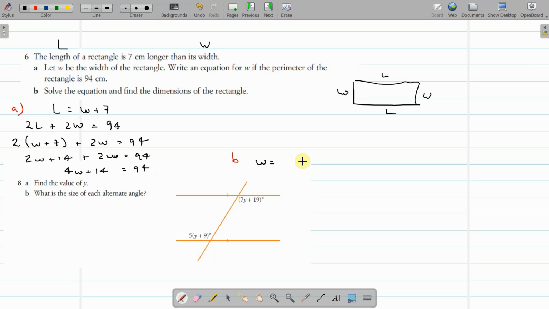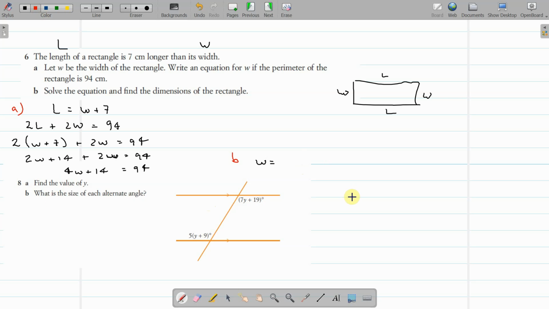And once we know what w is, we can work out what the length is, because the length is going to be the same. So you work out what the width is, w, from here, simplify that, and from that you can work out what the length is. Okay. A little bit trickier than the first couple of questions.